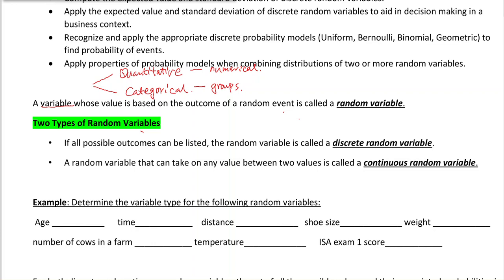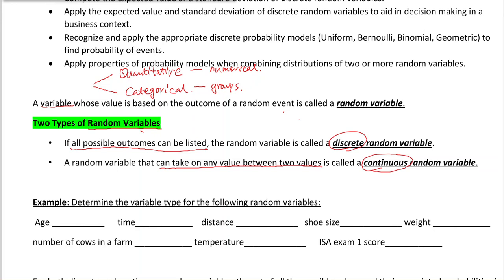Right now, we use another way to divide the random variables. If all possible outcomes can be listed, then we call this random variable a discrete random variable. And if a random variable can take on any value between two values, then we call it a continuous variable.